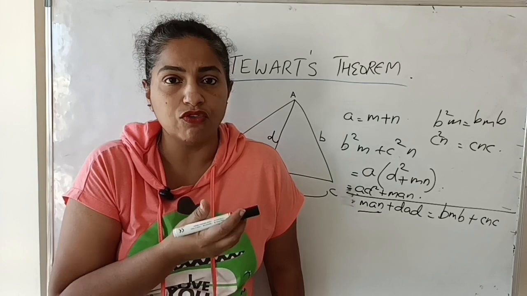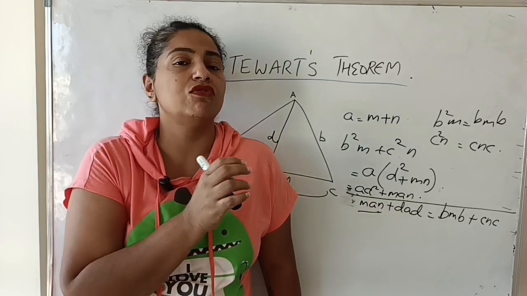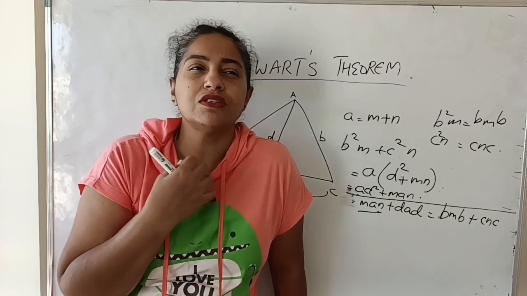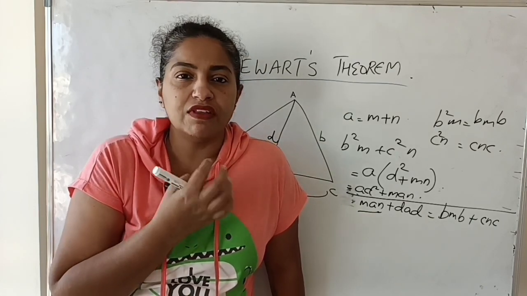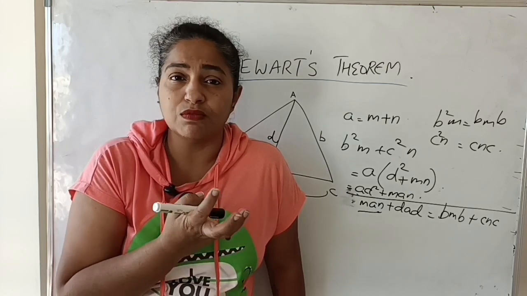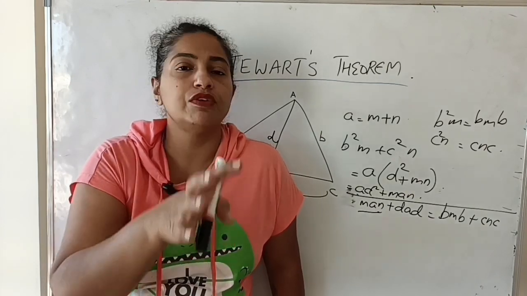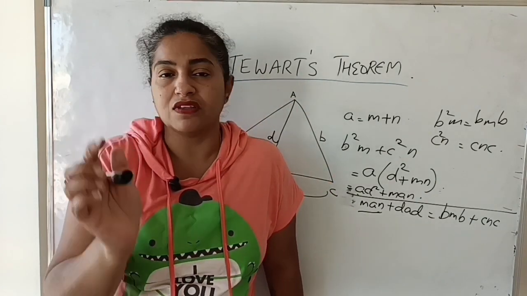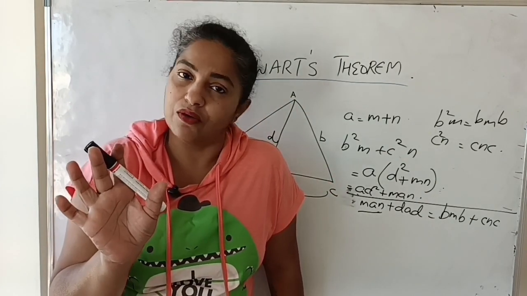There are other proofs also by using trigonometry, but I will be using Pythagoras theorem to prove this. You can go through the proof and understand it, because whenever you study a theorem, it is always better to go through the proof and understand the process so that the application of the theorem becomes more effective. Now, if you do not wish to go through the proof, you want to learn only the statement and apply it directly to the sums, please do it. Okay?